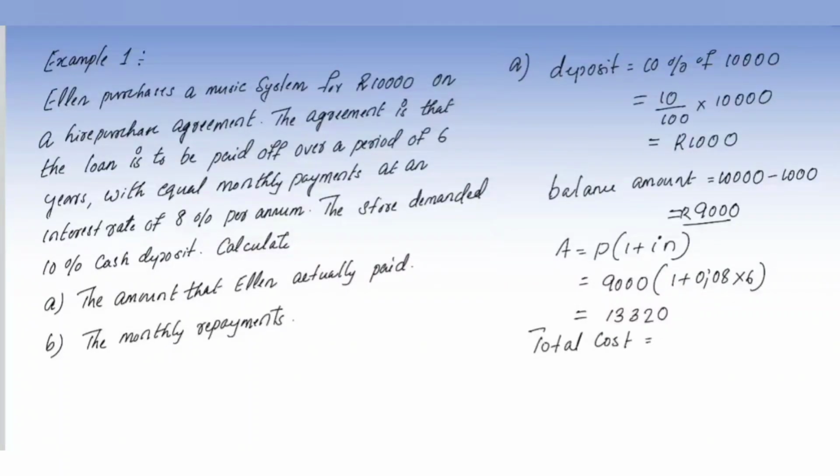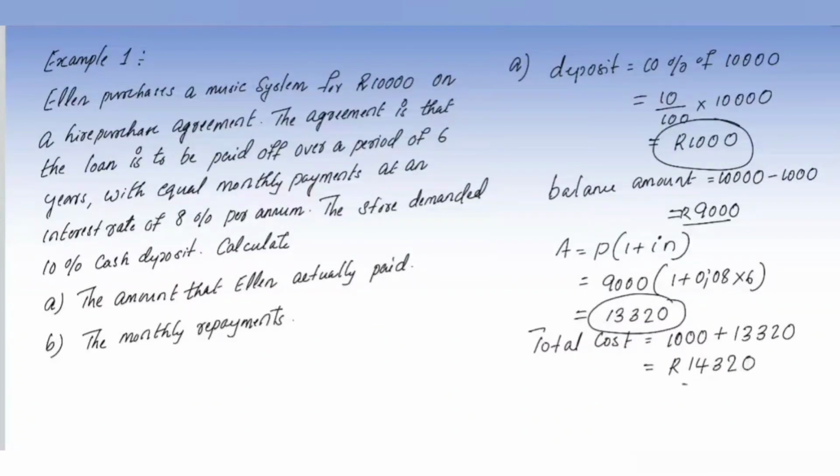Total cost is this amount plus the deposit also. That also went out of her pocket. That is 1,000 Rand plus 13,320. So altogether 14,320 is the total cost, or the amount that Eileen actually paid.